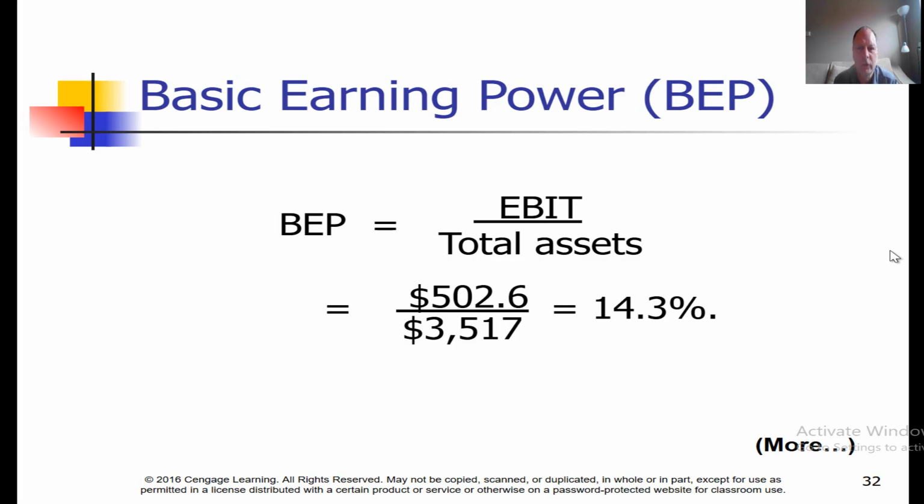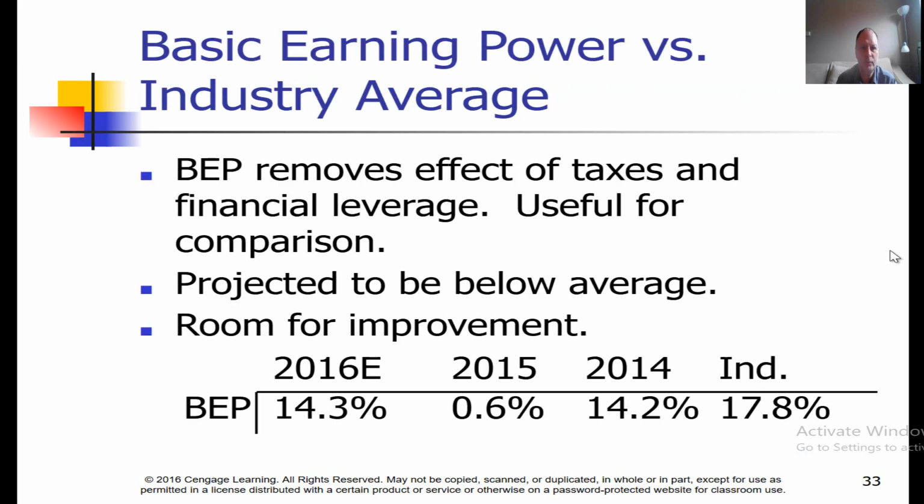So BEP is earnings before interest and taxes, EBIT, over total assets: 502.6 over 3,517, giving us a 14.3% basic earning power. This removes the effects of taxes and financial leverage. Useful for comparison, it is projected to be below the industry average and has been for the last several years, so there is certainly room for improvement.